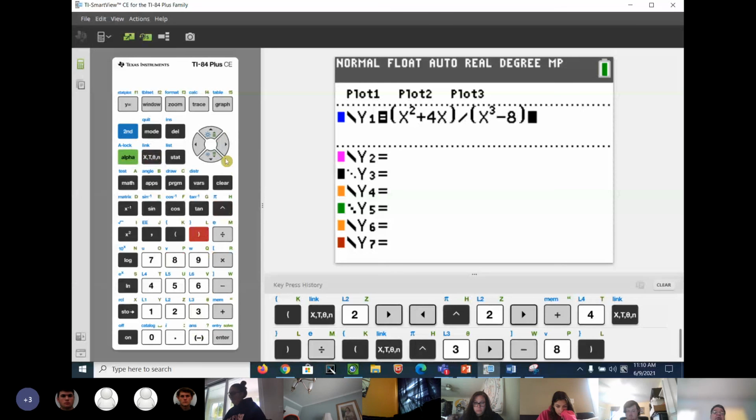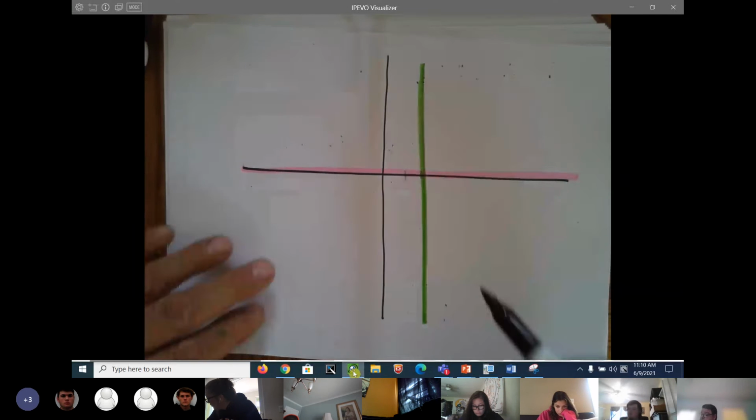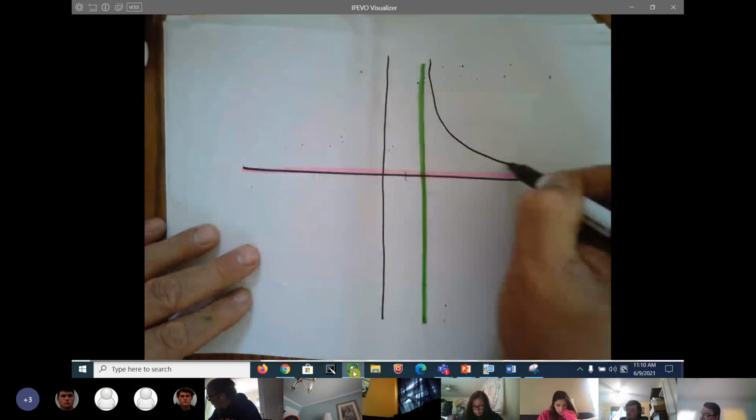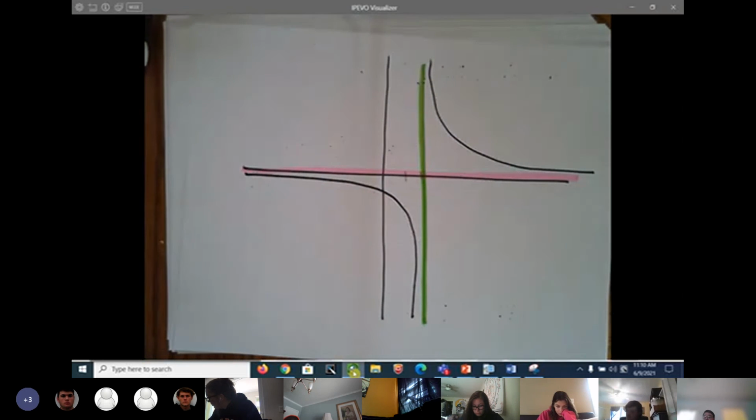Close parentheses and graph. And there is your horizontal and your vertical asymptote. So it basically looks like this. That's what it looks like.